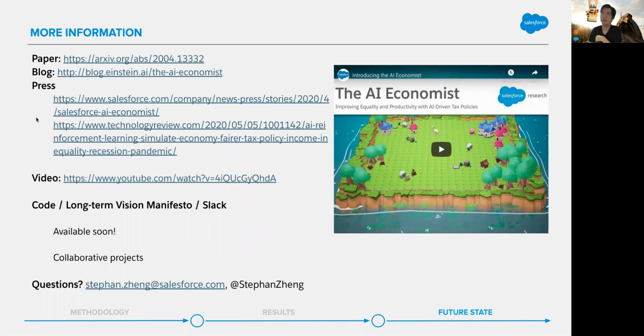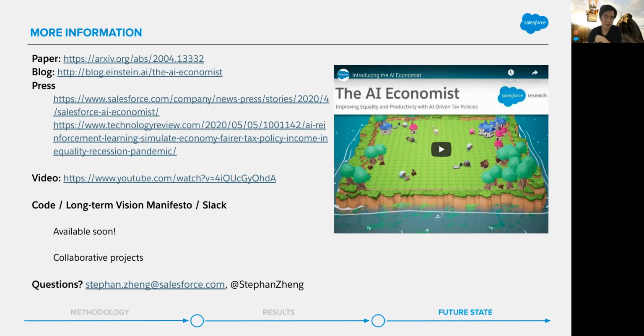And we are working on an open source version of our economic simulation, as well as a bunch of research projects that we would love to work on with the broader public, because we do think that this direction of research has a lot of potential, but it's going to take a lot of people, and not just machine learning people, but also economists and public policy people to actually drive this research.